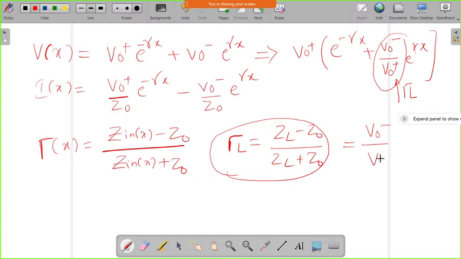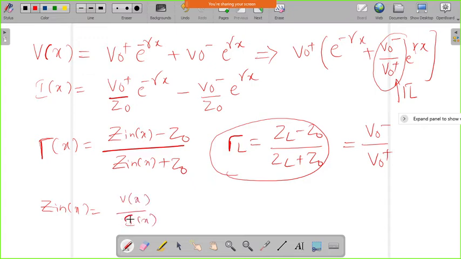With respect to voltage, the incident and reflected voltage, gamma L is nothing but V naught minus by V naught plus. Now Z in of x is actually V of x by I of x.